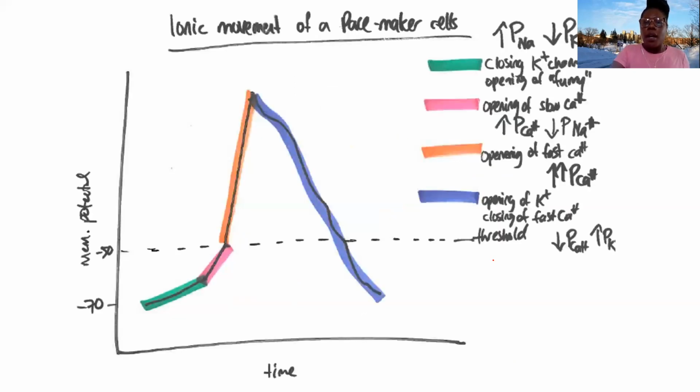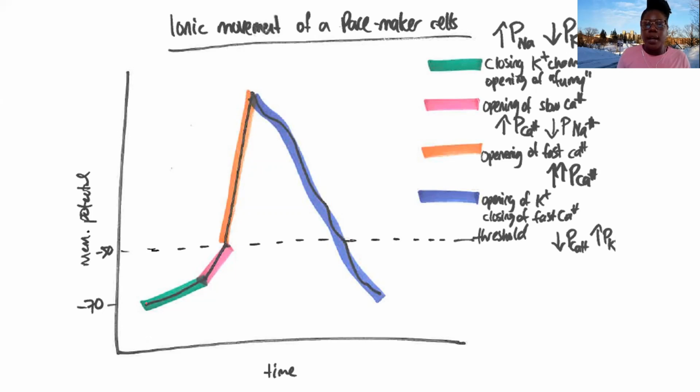Okay, let's look here at kind of a graphical representation of that. So we start out with our channels closed, our channels open. And the first event that happens is we open up funny channels and we close potassium channels.